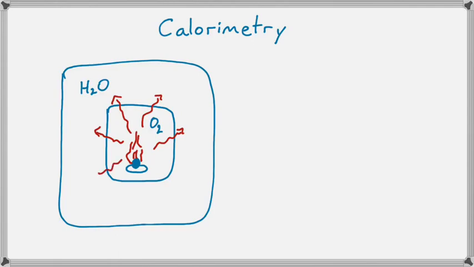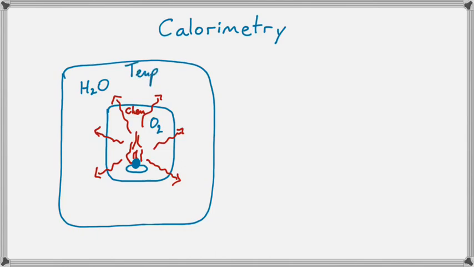But since it's completely surrounded by this other container that's filled with water, all of that lost energy, that exothermic given away energy, goes into the water, and the water begins to increase in temperature. So essentially what we have is, on the inside container we have a chemical change taking place, and in the water we have a temperature change taking place.